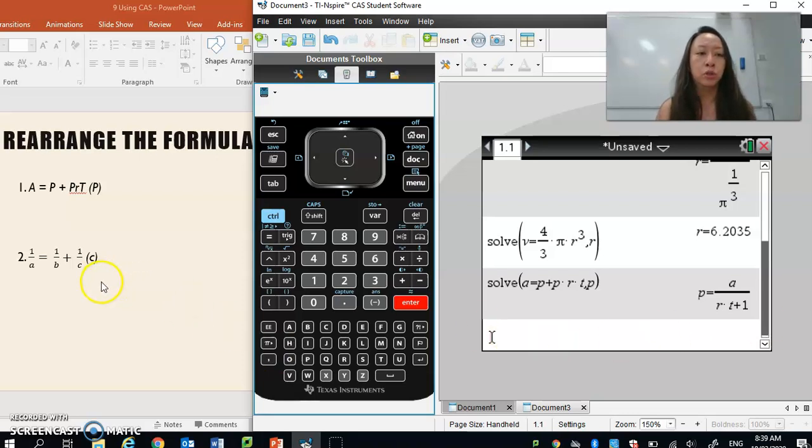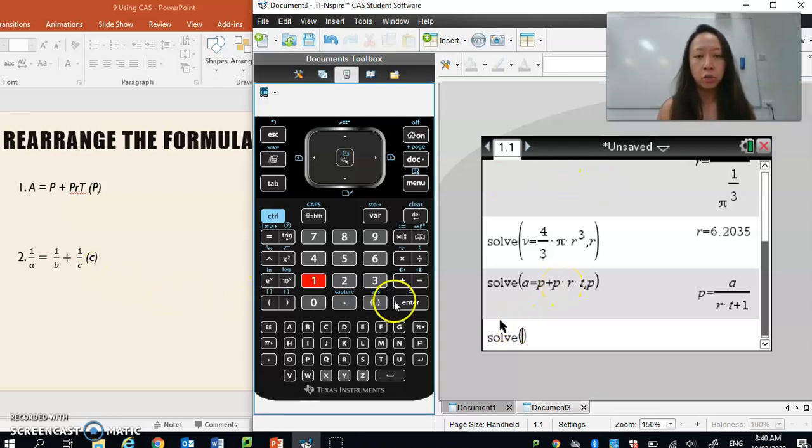Just to do another practice, let's do another example. This is the same thing, but I'll try to do it quicker. I'm just pressing menu, 3, 1, and I can access the solve very quickly.